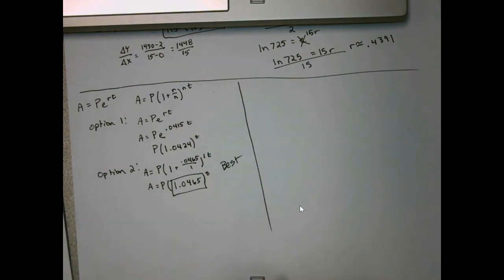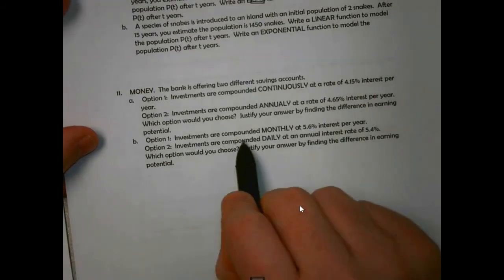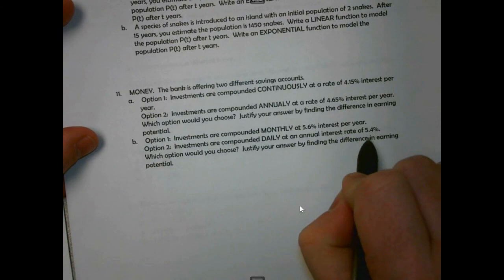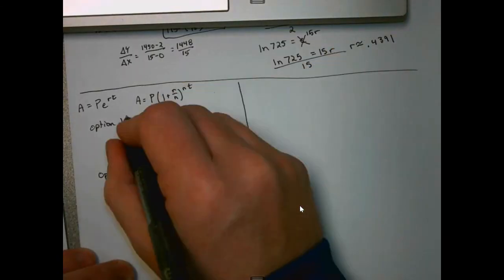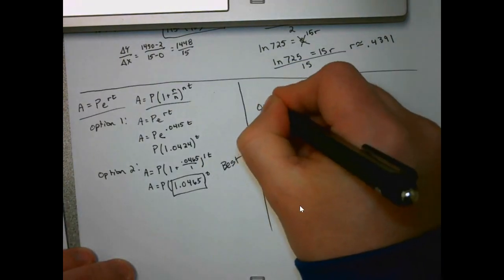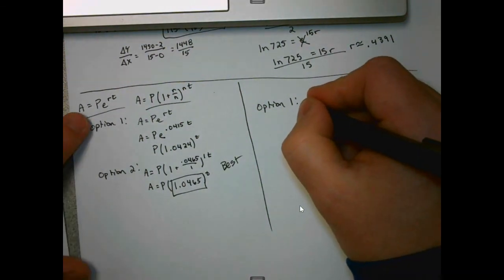Okay, for part B, we have investments compounded monthly at 5.6 percent, and investments compounded daily at 5.4 percent, and we're doing the same thing, same equations. So option 1 is compounded monthly.